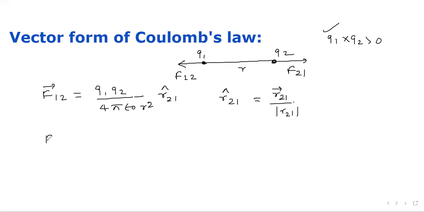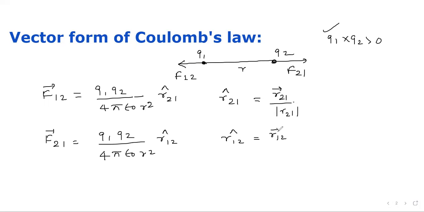And F21, force on the second charge due to the first charge, will be equal to Q1 Q2 divided by 4 pi epsilon naught R square times R12 unit vector, where R12 unit vector is equal to vector R12 divided by its modulus.